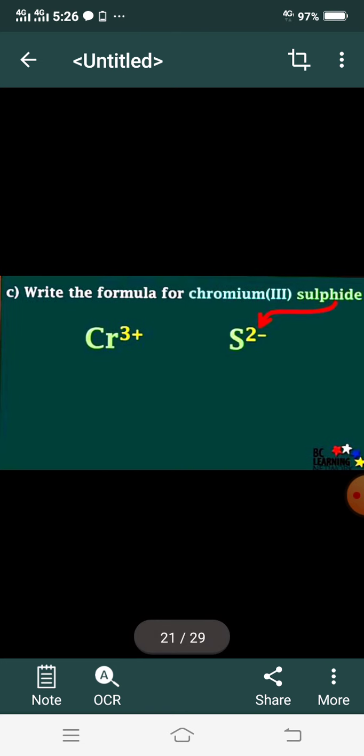Let us take another example, chromium sulfide. Here we have chromium, which is an element. We have 3 positive charges on chromium, and we have sulfur. Sulfur has a double negative charge on it. Now again we have to interchange their charges. Now let's write them. I simply change their charges and we get chromium's charge given to sulfur and sulfur's charge given to chromium.